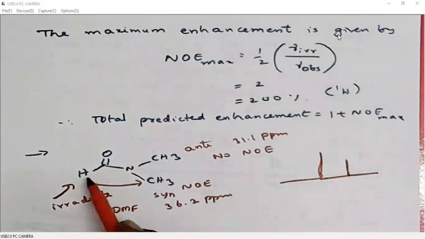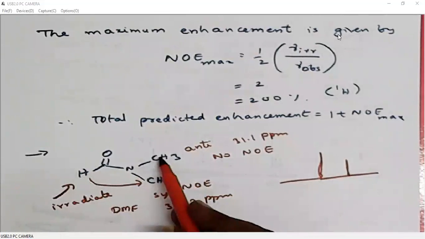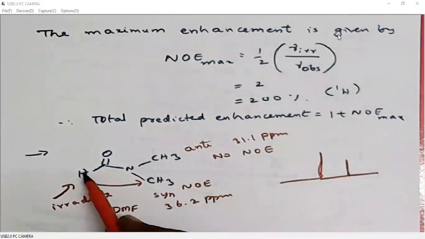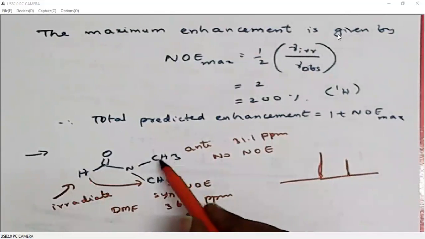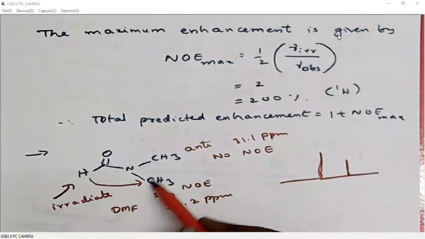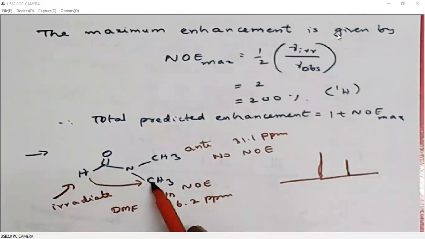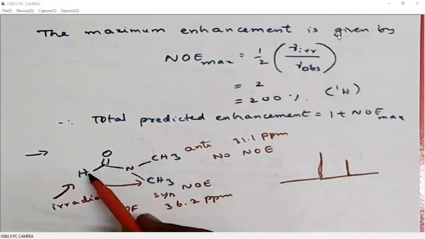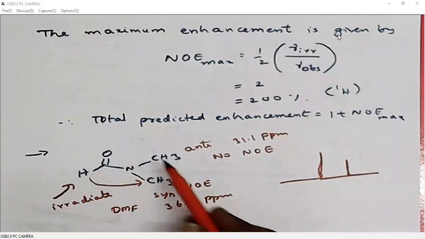Why? Because of this proton, we are observing NOE for this methyl, whereas we are not observing NOE from this. Of course, this is a methyl, this is a methyl. Because of the proton decoupling, we expect same NOE for these two methyls. But this is an additional NOE to this methyl only. But this methyl is anti-related, so we don't observe any signal enhancement for this methyl.